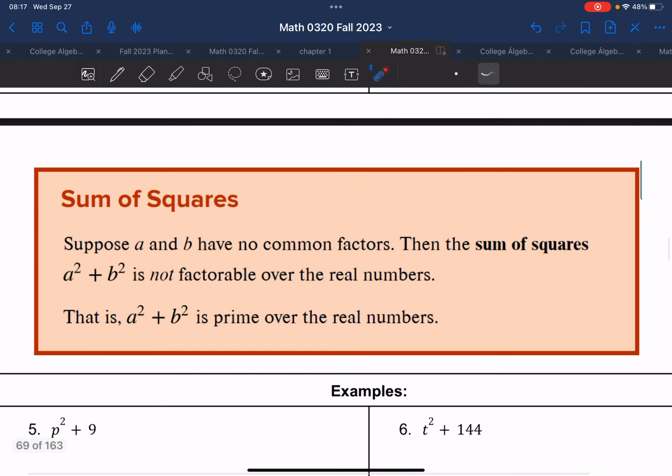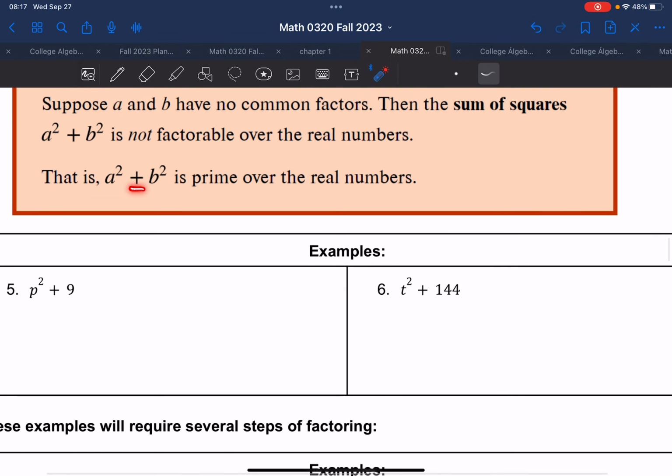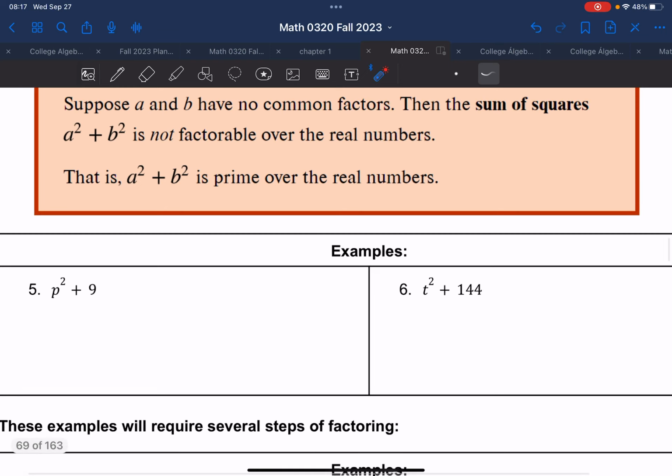In this next concept, it's saying if we have an addition sign in between the two terms, even if they are perfect squares, we cannot factor them, so we would have to label them as prime. So for examples 5 and 6, because of that plus sign, the answer is prime.